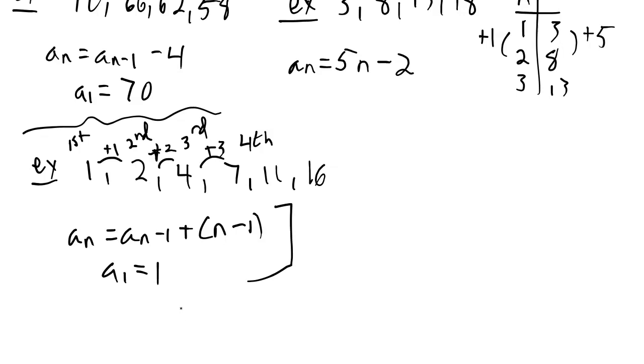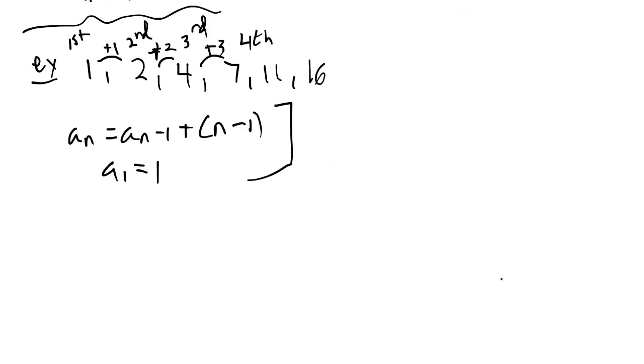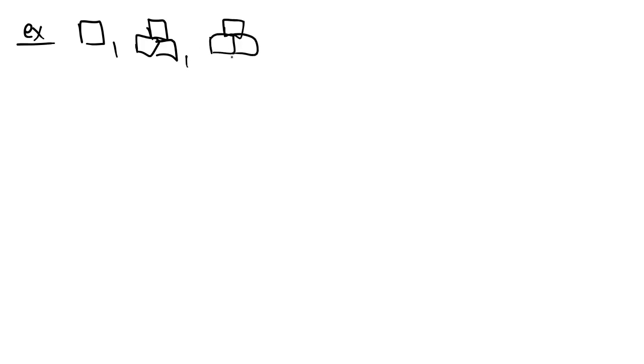Let's go through an example of a set of images or a set of blocks. See what this looks like. So let's say we have some blocks. We start off with 1, then we add another layer underneath. Then to that one, we're going to add another layer.